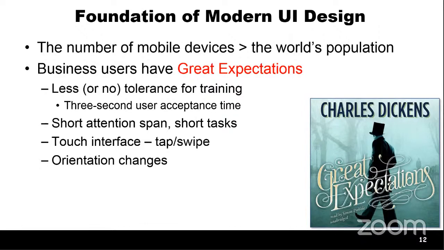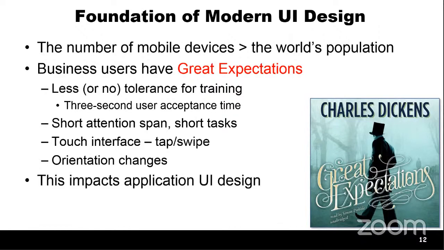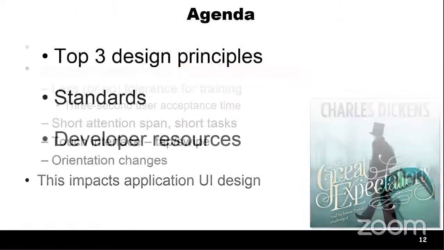But the tasks are short. So that's one of the other factors we have to think about. And then the touch interface, so tap and swipe, which we know we didn't have before. That's something that has to be worked into the design. Orientation changes, so what happens when you make the screen narrower or wider based on the orientation. So all of this impacts the UI design.